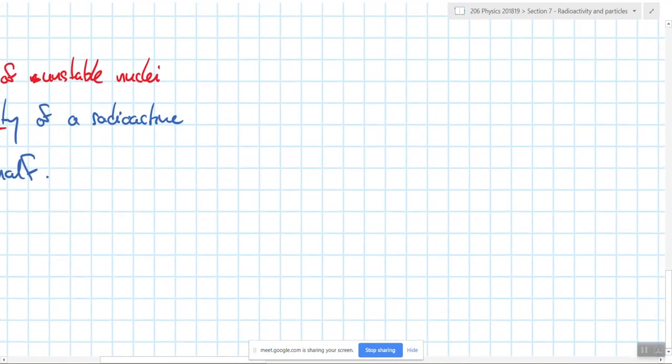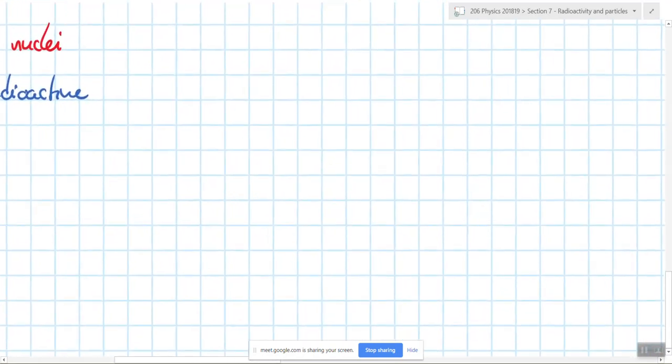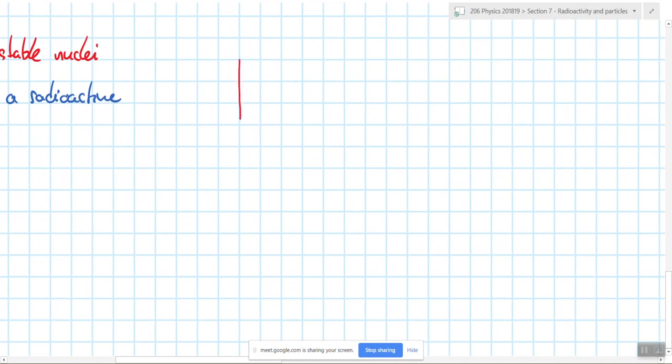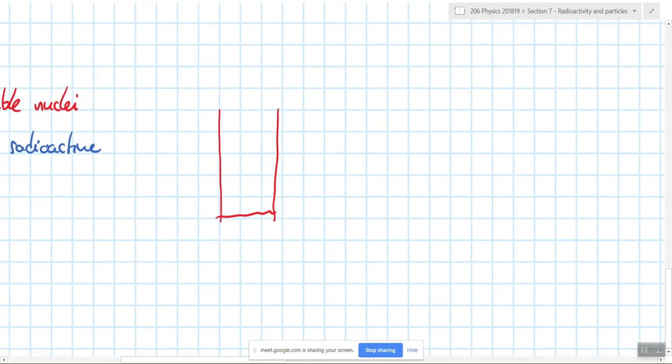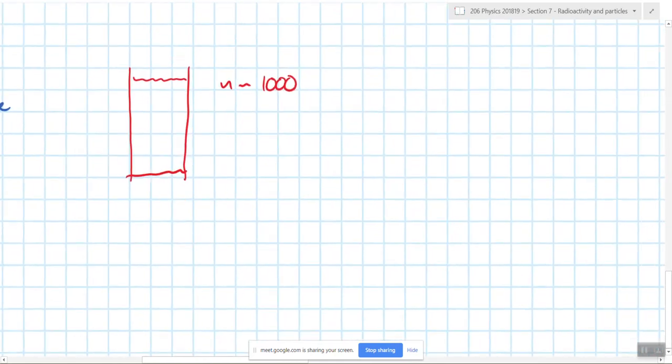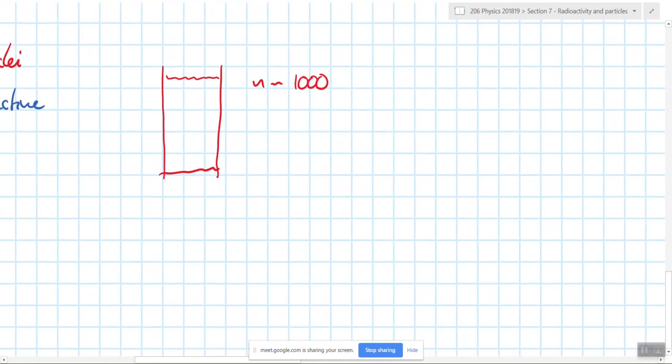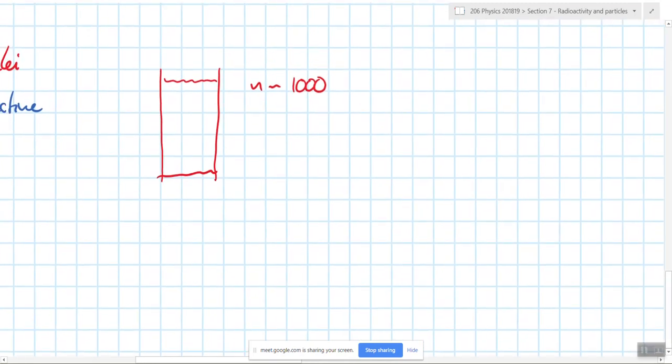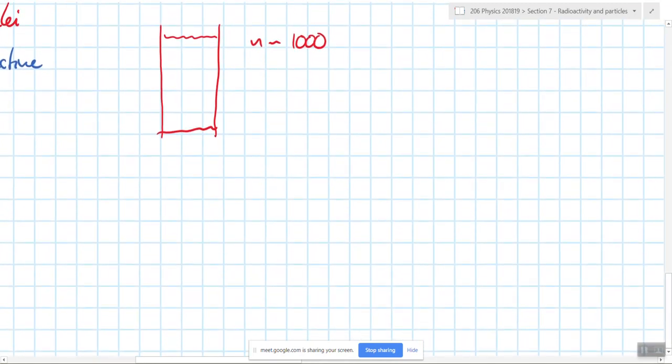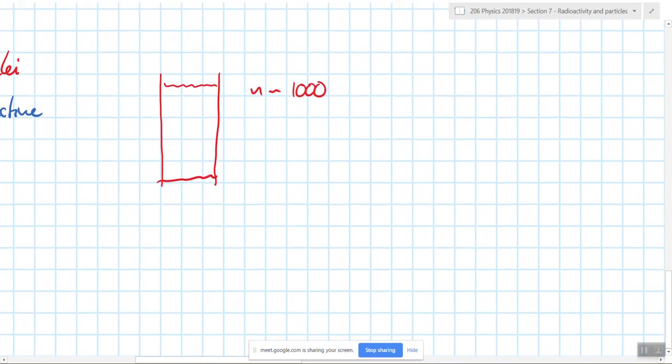So if we think back to that tremendous example that we had of our glass soap bubbles, and let's say that we've got about 1,000 soap bubbles in this beaker or in this glass. Let's not worry about averages and times and things.